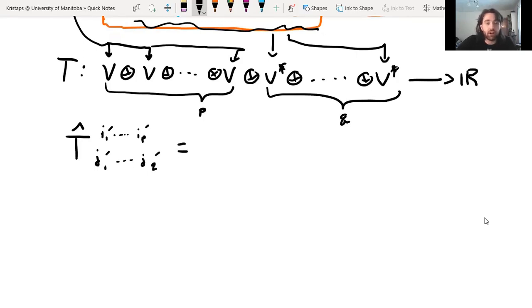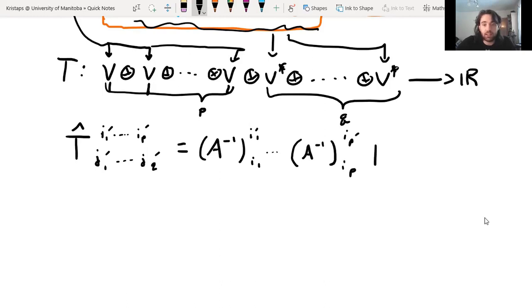The transformation law becomes A inverse multiplied by I1 prime, I1 dot dot dot. And we have to repeat this again for each one of these copies of V. We have to apply this transformation law. So we have dot dot dot, repeating this all the way up to IP prime, IP, and then our original tensor with all of the indices in the original basis.